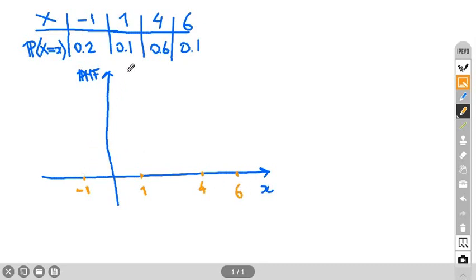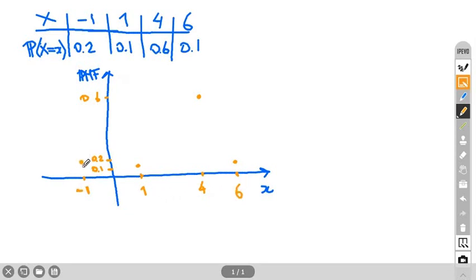Over -1, I'm marking a point with height 0.2. On 1, I'm taking 0.1. Then 0.6 over 4. And finally, 0.1 again over 6. So this is the graph of our PMF.